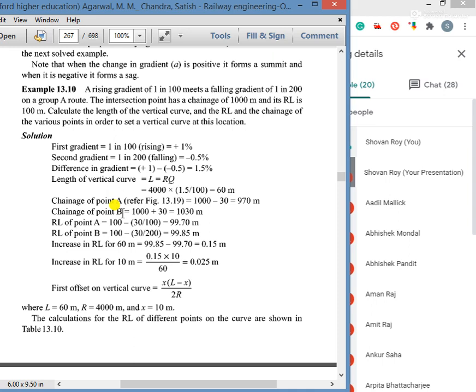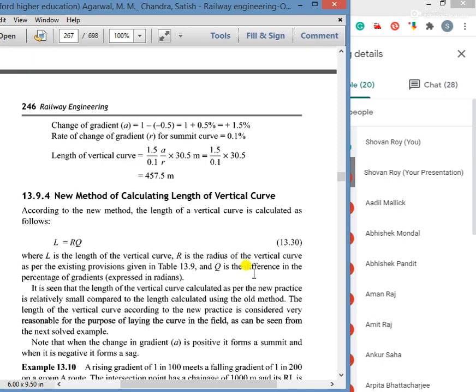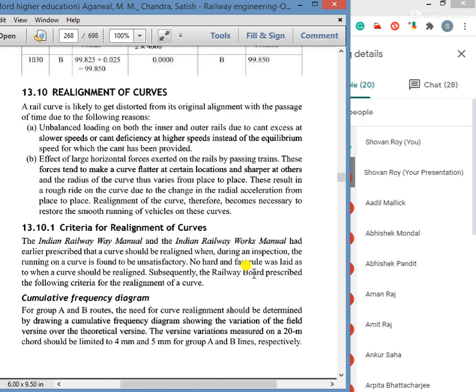My suggestion is you should follow all the numericals, because in this class it is not possible to cover all of them. Your task is to solve all the numericals at home, then it will be better for you, because numericals are important in the railway section. Along with theory, numericals are also important, because numericals may come along with theory.